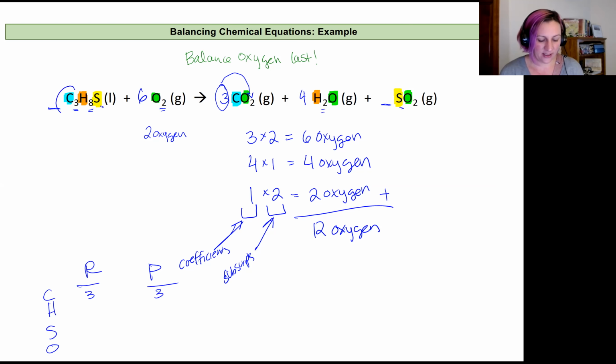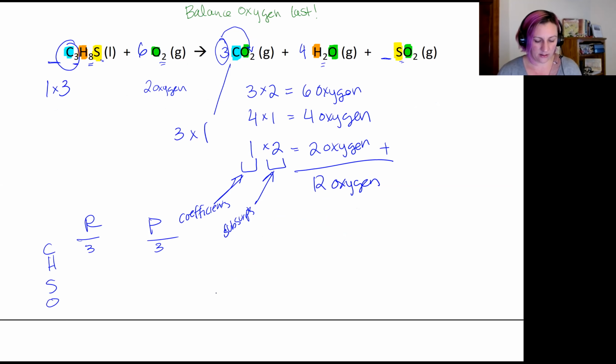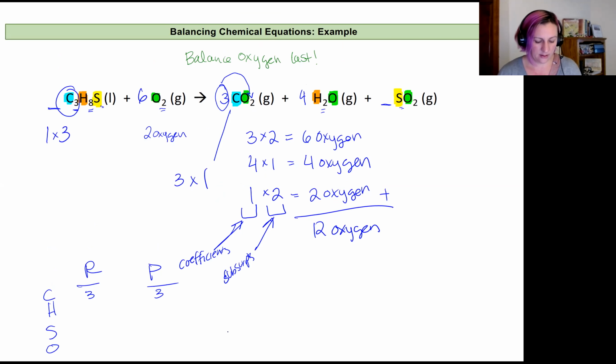And that's just looking at the coefficient 1 times the subscript 3. And over here, it's a coefficient 3 times the subscript of 1. For my hydrogen, on my reactant side, it's a coefficient of 1 times the subscript of 8, for 8. On my product side, I have a coefficient of 4 times the subscript of 2 for 8.